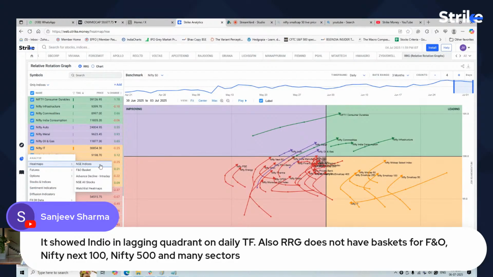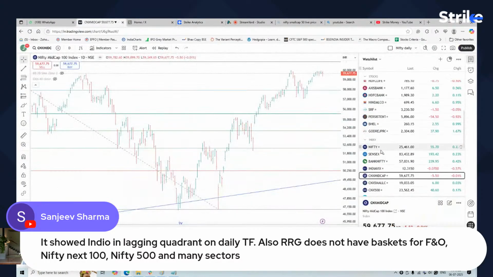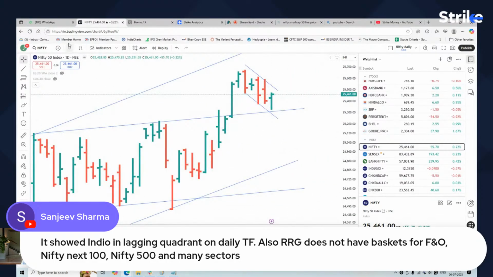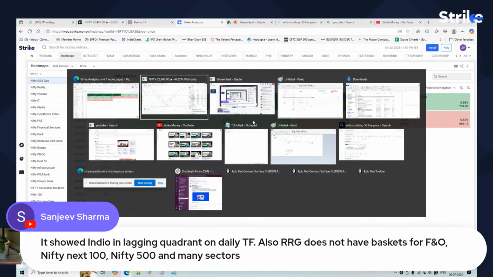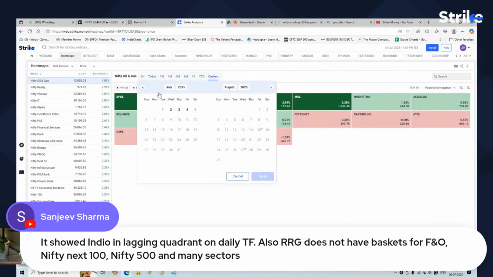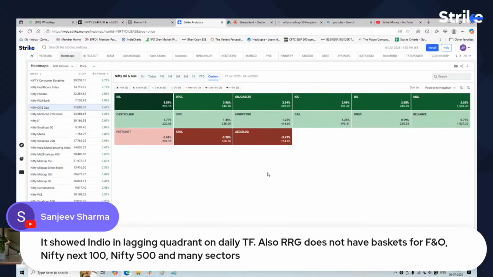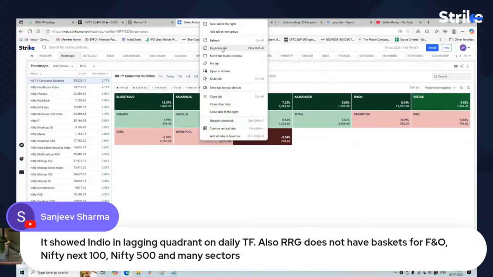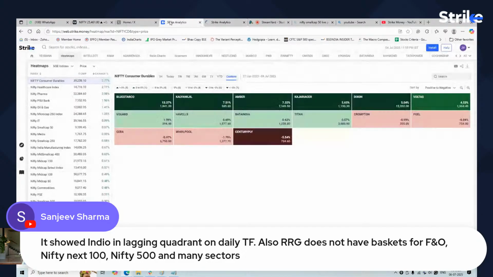If we go to the heat map, right now, say for example, the Nifty index has been in this corrective phase for the last, say, from the 27th. Now I simply want to scan from the 27th to 4th July, which are the outperformers and underperformers. So I did 27 to 4th, and I end up getting consumer durable. All these things sort of get captured in RRG as well.